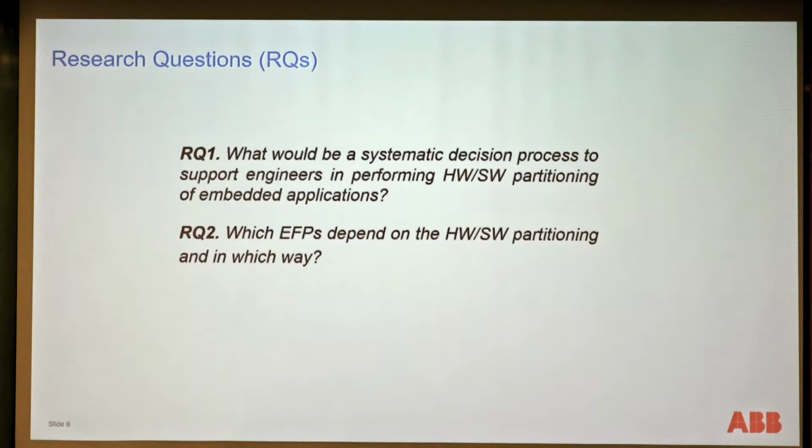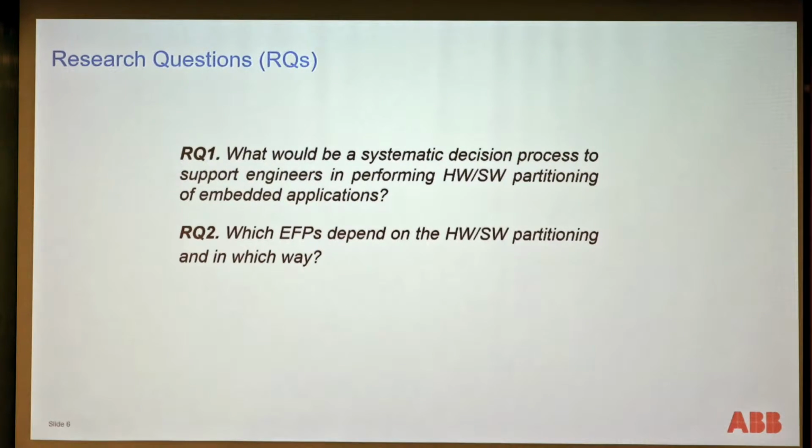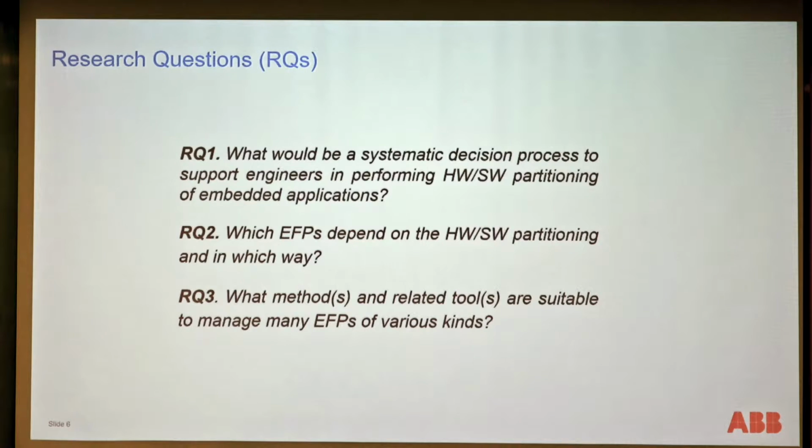The second research question is: we have seen that we have many extra-functional properties. Which of these extra-functional properties are relevant for the partitioning, and in which way? That is the second research question that our work has tried to address. And the third research question is: we are working with so many extra-functional properties, and we have a set of finite alternatives among which we have to decide which one is the best.